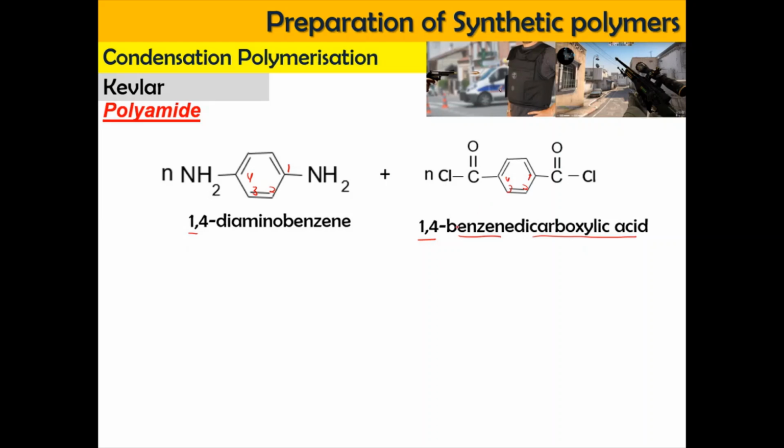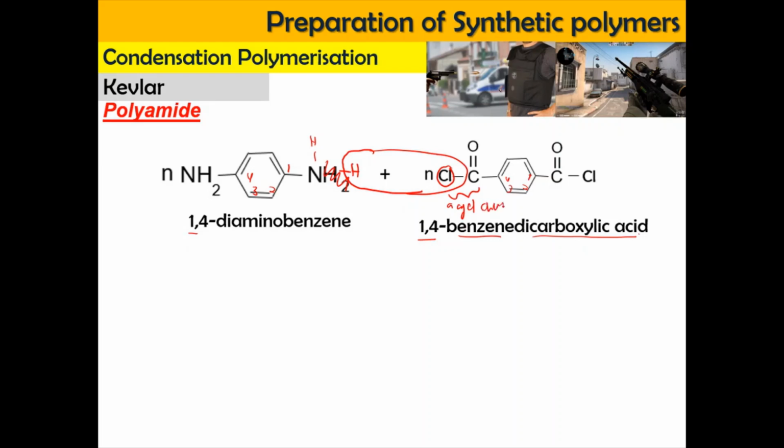So what's going to happen here is that hydrogen from the amino group and the Cl from the carboxylic acid, even though it is named as carboxylic acid, the Cl here basically refers to the acyl chloride.